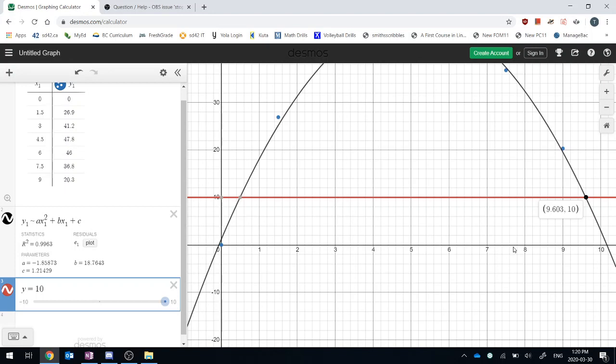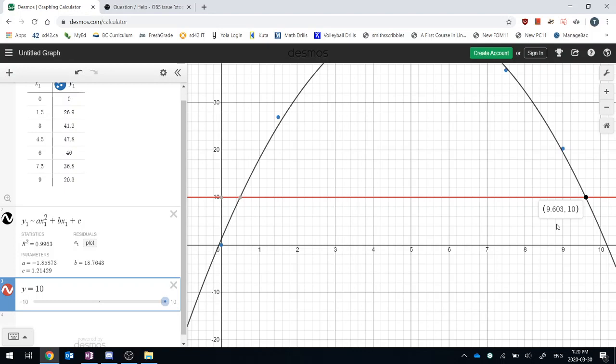All right, so we can see here that there will be 10 milligrams per liter of medication in the patient's blood exactly 9.603 hours after their initial dose. Okay, that's what this point is telling us, because this point here, the 9.603, that's our x coordinate, that's time.